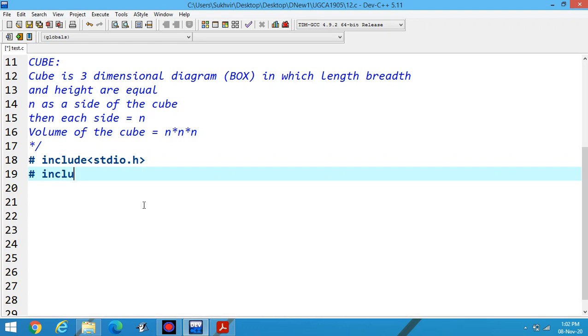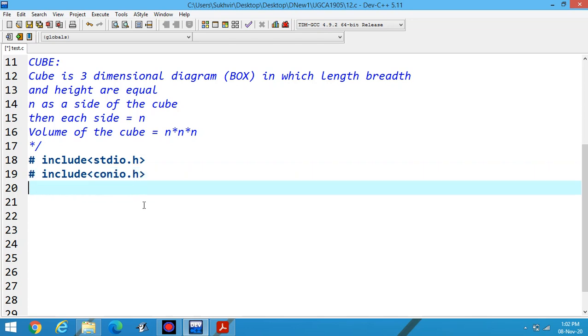Second is conio.h. Basically, this header file is used for clear screen and getch purposes. And the third one that is required in this program is math.h.